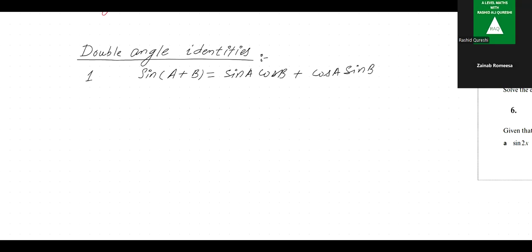Let B be equal to A. The whole equation you have to change into the form of A.